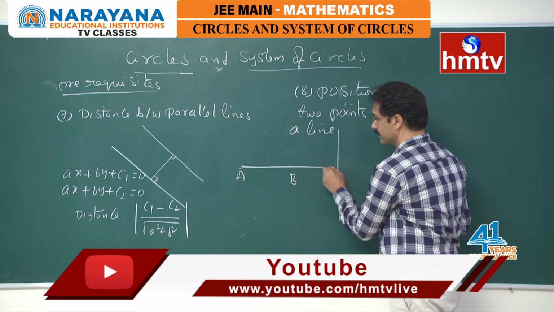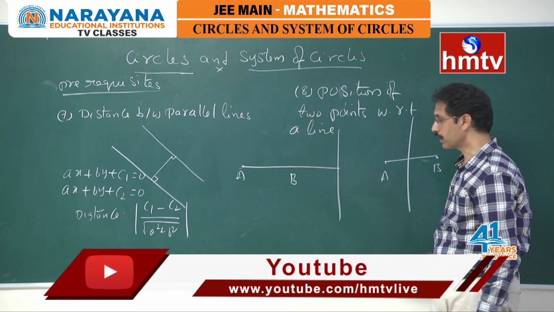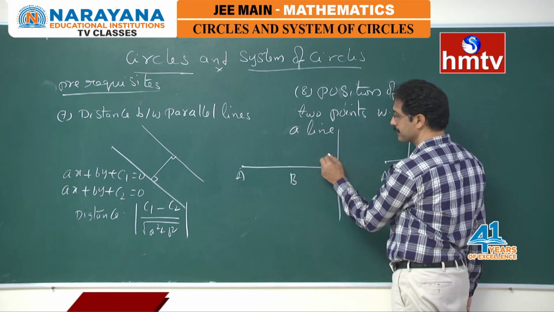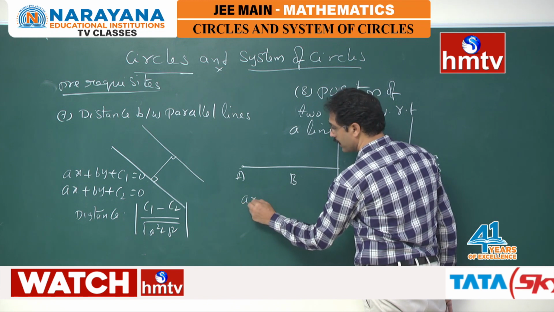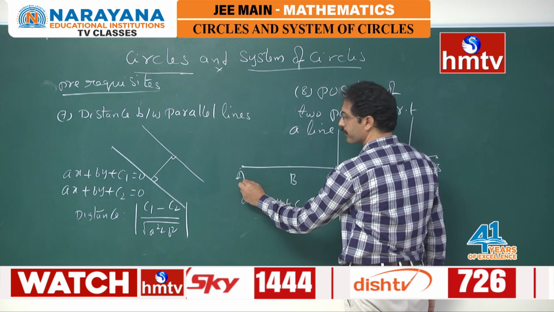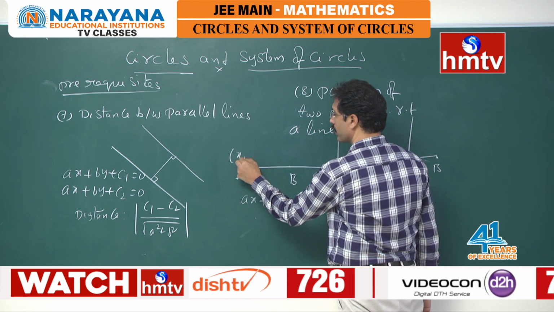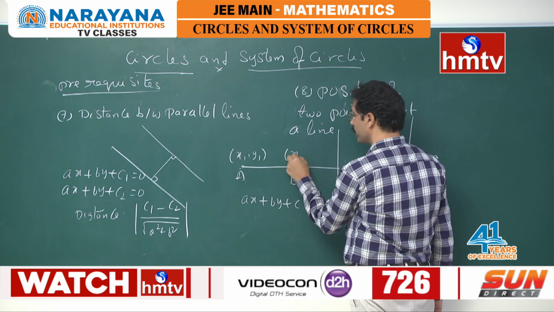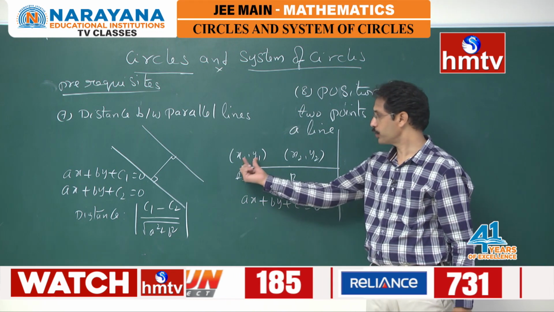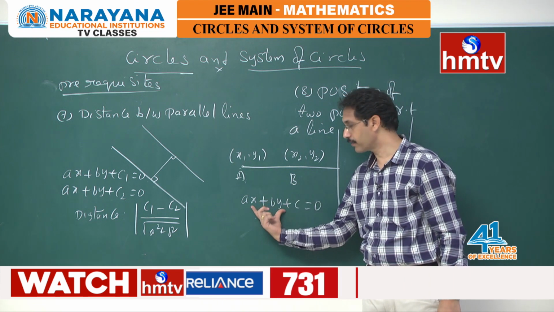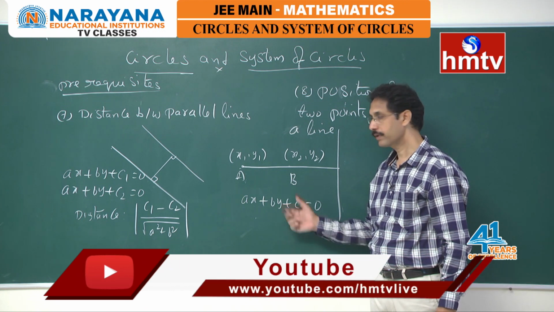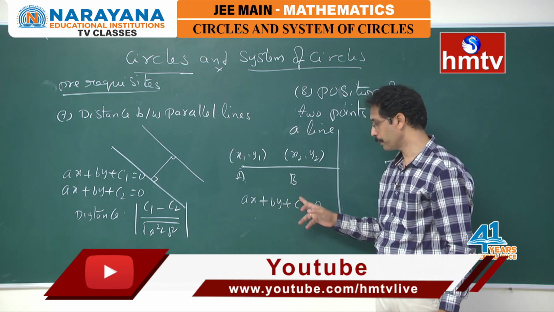Now, to determine this, we have one result. What is the result? If I take the equation of the line as ax plus by plus c is equal to 0, and the coordinates of these 2 points as x1, y1 and x2, y2, then by substituting x1, y1 in this equation, that means in place of x and y, you get one real number, that is ax1 plus by1 plus c.